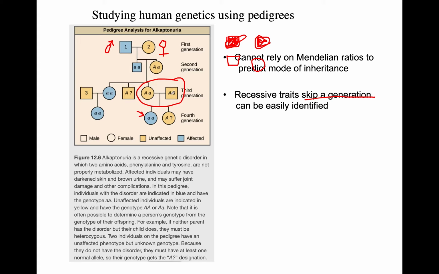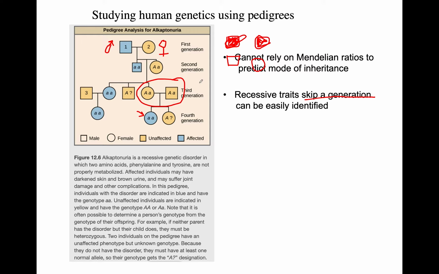So therefore, if you're looking for clues as to the type of inheritance of a particular disease, try to see if you can find instances where the person who carries the disease skips a generation.